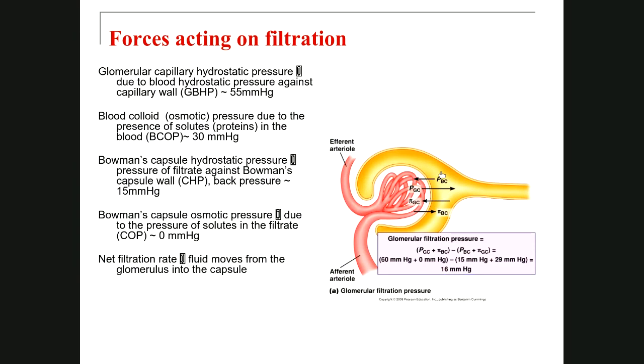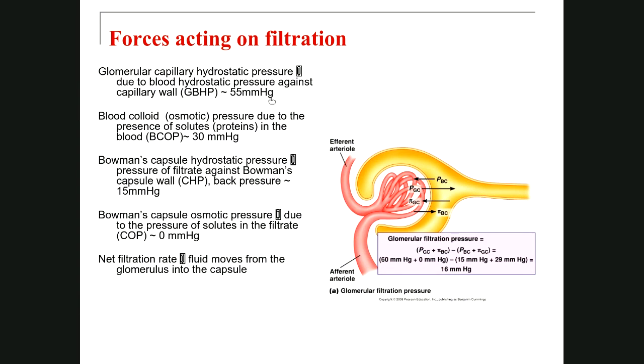It is the blood pressure in the glomerulus. It promotes filtration by forcing water and solutes in blood plasma through the filtration membrane. The amount of this pressure is about 55 millimeters of mercury.